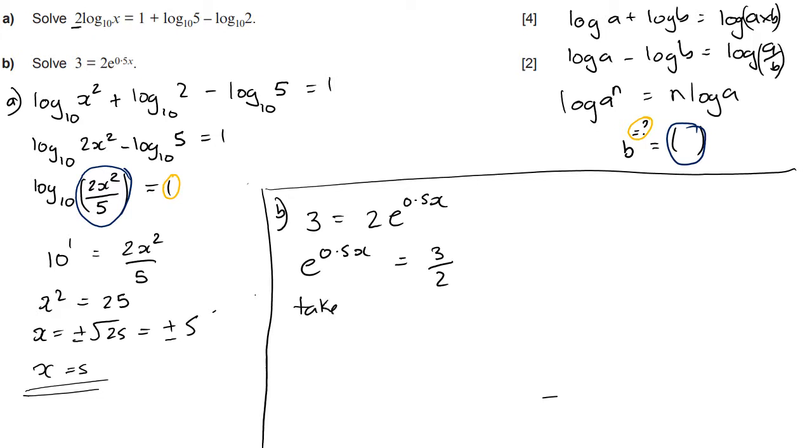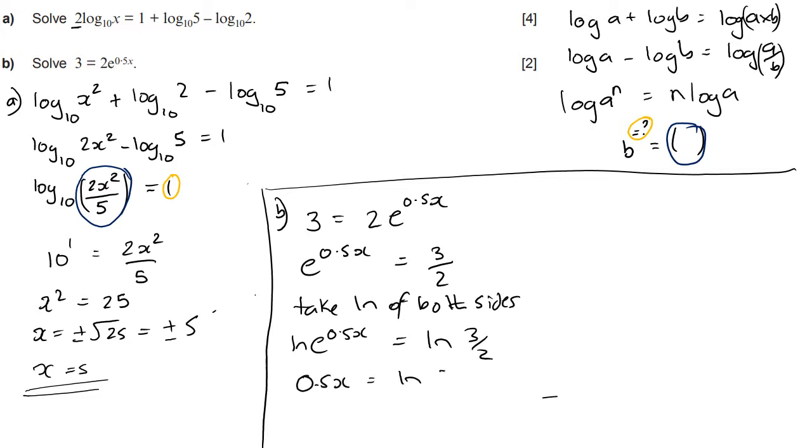Then take the natural log of both sides, so that we get ln e to the 0.5x equals ln 3 over 2. So 0.5x equals ln 3 over 2. So x equals 2 ln 3 over 2, which would give us a value of 0.81.